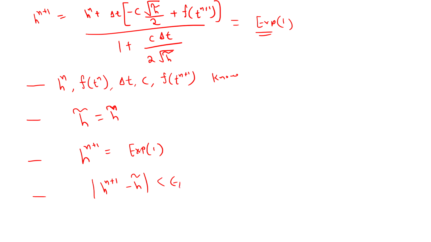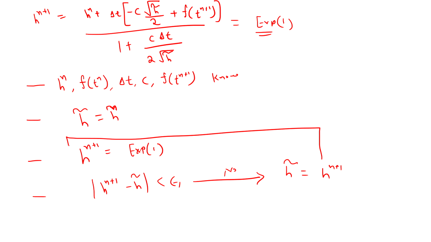If it is no, then my h tilde will become h_{n+1}, and I will go to this step. If it is yes, then I have h_{n+1}, that is nothing but h tilde, and move to the next step.